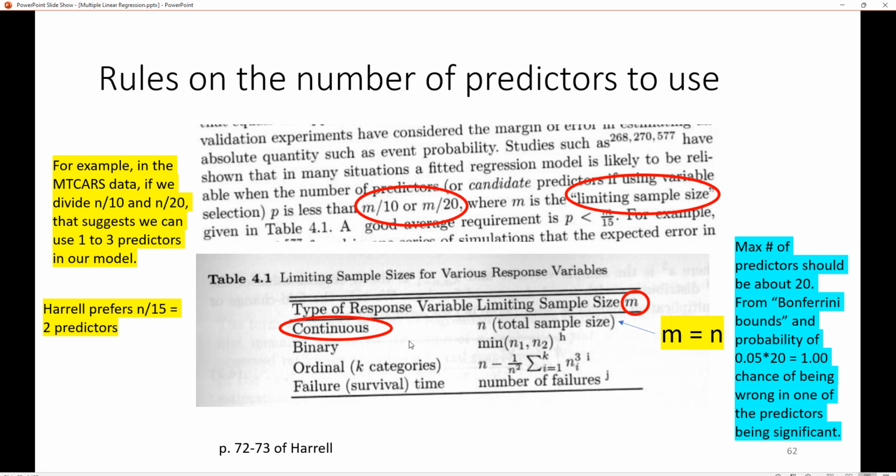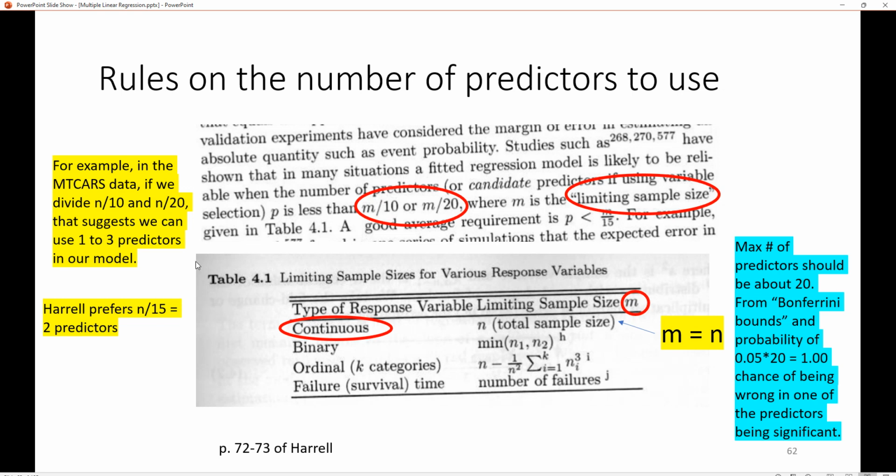When the outcome is continuous, such as what we use in multiple linear regression, then the limiting sample size would be the n, the total sample size. So for that car data that we're using, it has 32 rows of data, so n equals 32. So his limiting sample size m equals n, the sample size for multiple linear regression.